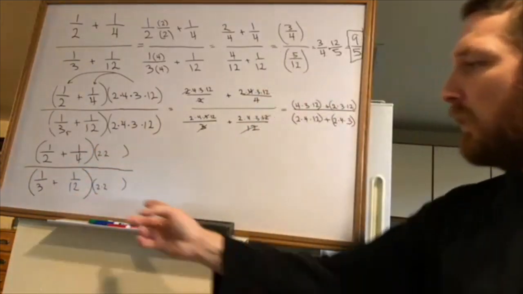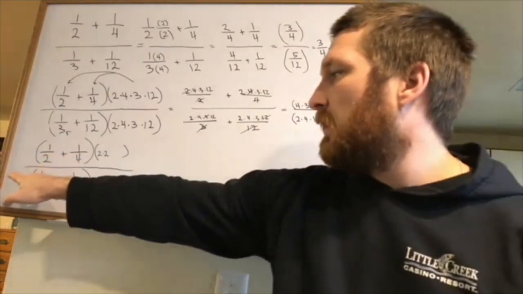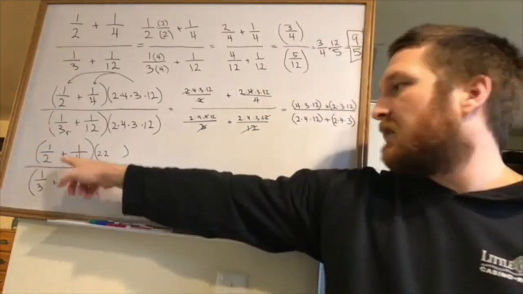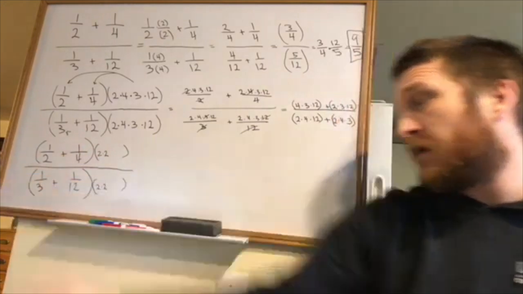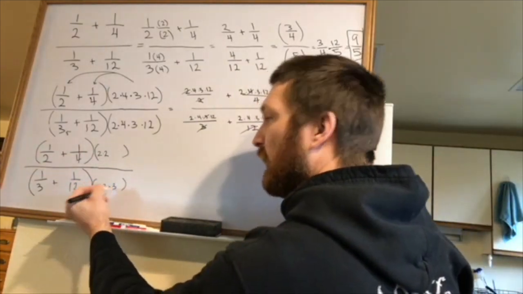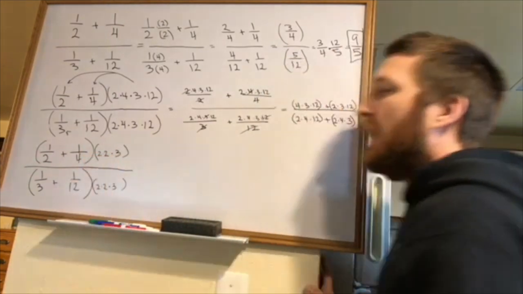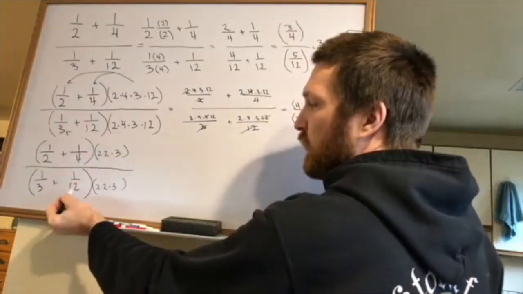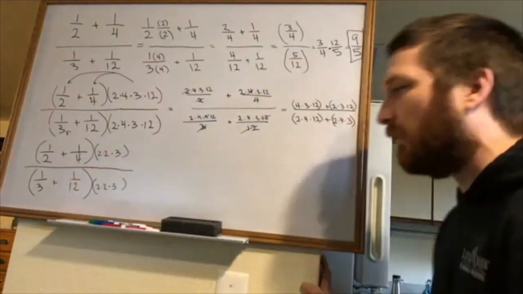And then the 2 and the 2, that's just a 4. If it jumps over, well, 4 over 3, that doesn't cancel the 3. We're going to need a 3 right there. And so I'm going to put in an additional 3 right here. Whatever I do to the bottom, I got to do to the top. And then I go here and say, well, what about that 12? Oh, wait a second. 2 times 2 times 3 is 12.